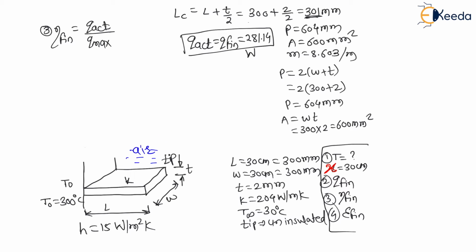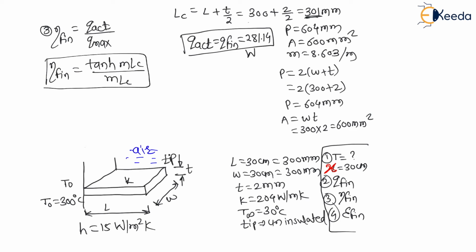Now, my dear students, again in theory lectures we have derived this formula for the efficiency of fin. The simplified version of the formula that we are going to use for an uninsulated end is tan hyperbolic m Lc divided by m Lc. This formula we have derived in theory lectures.